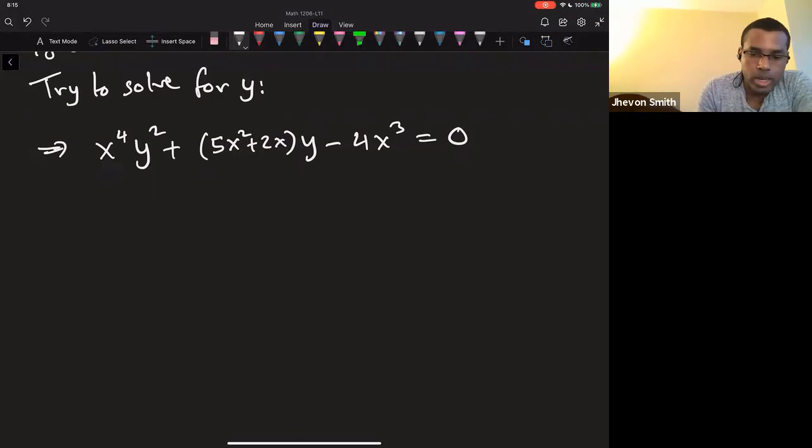So the idea here is that this is a quadratic. It's quadratic in y.